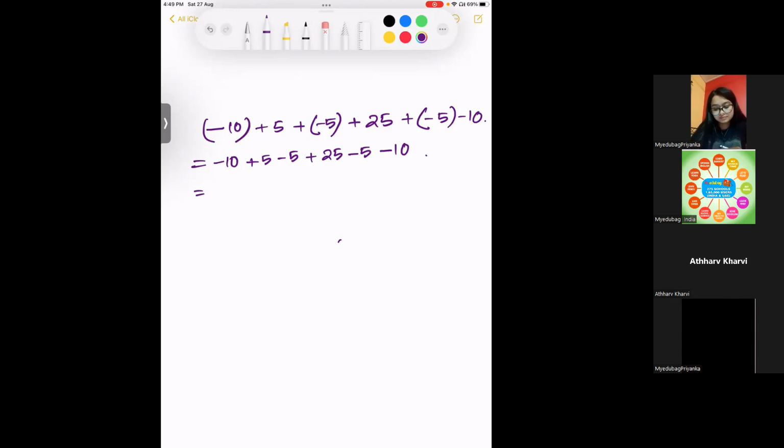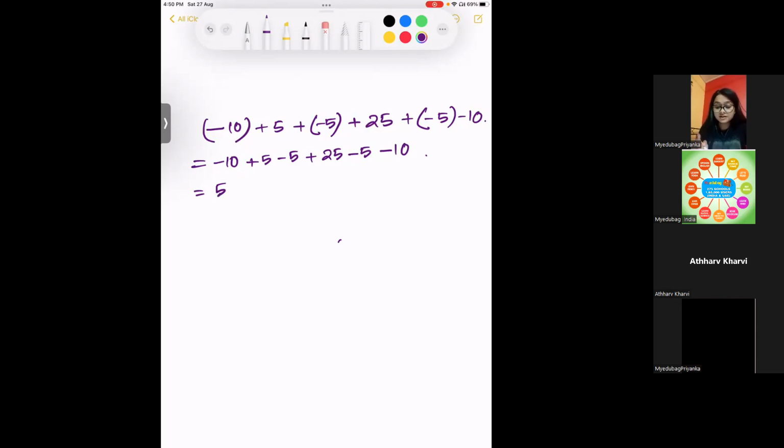So next step. You can also write all the positive numbers together and negative together. Yes, you can group it. First group the positive integers.